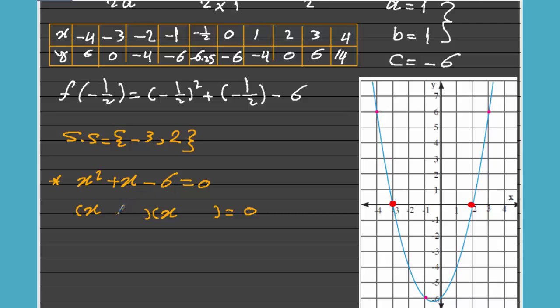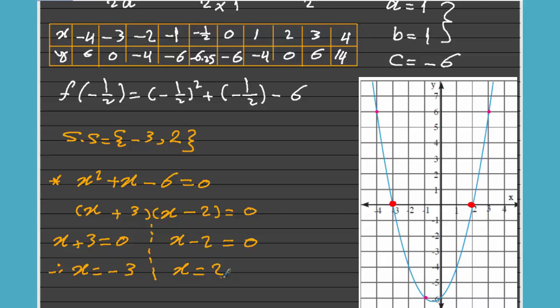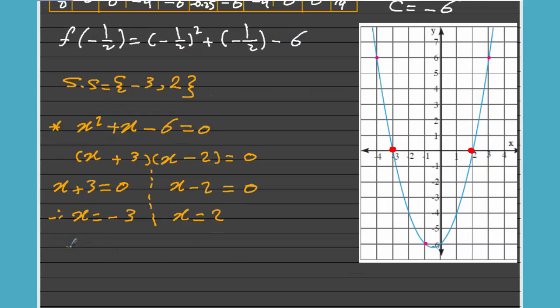Negative 6 equals positive 3 multiplied by negative 2. Then put x plus 3 equals 0 and x minus 2 equals 0. So x equals negative 3 and x equals 2. So the solution set equals negative 3 and 2.